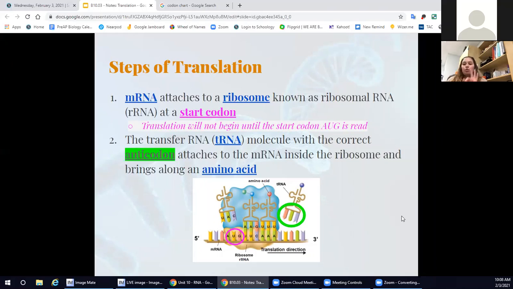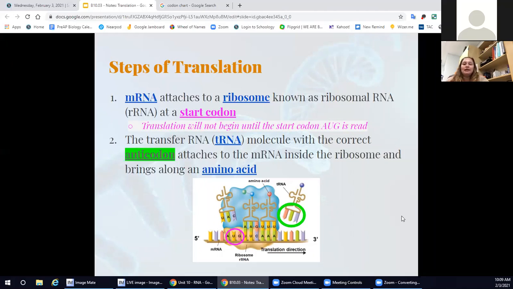That is the only set of 3 letters that will begin the translation process. So that ribosome is going to read the mRNA until it sees the letters AUG. Once it sees those letters, then it's going to start making protein. It will not make the protein until it sees those letters AUG. That's the start of everything.